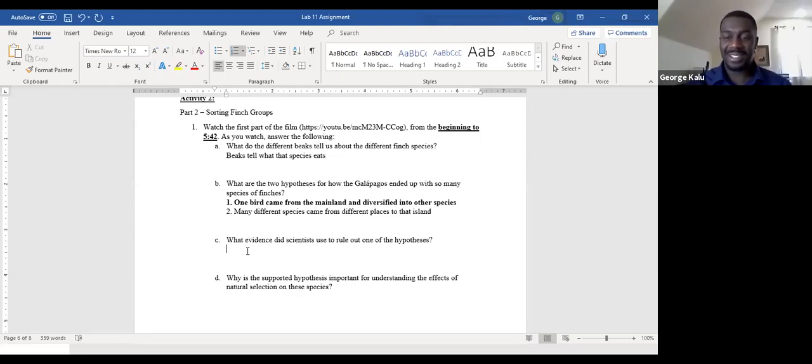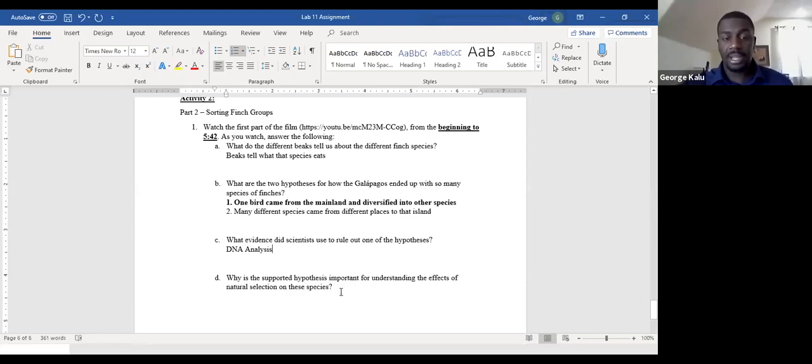Yes, Jared got that one exactly right. So DNA analysis. Right. So they used DNA analysis of the finches to show that they were all actually very closely related to one another, and they were actually more closely related than the initial mainland species was. Okay. So they used DNA analysis to rule out the second hypothesis.